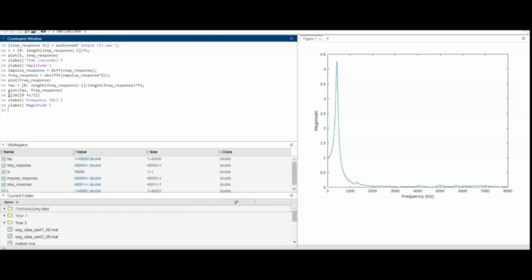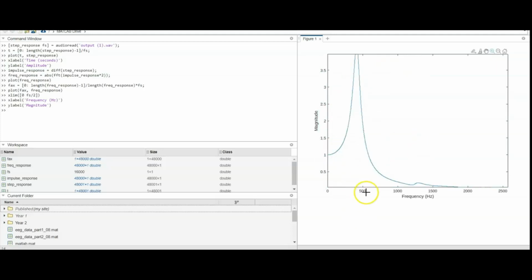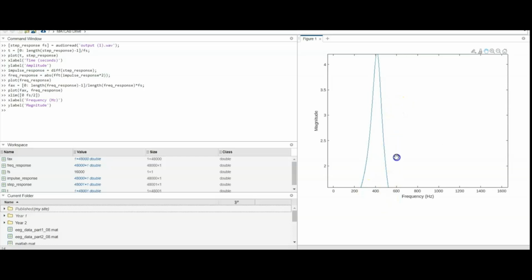And there we go. So we can see from our frequency response graph that between, I think, 300 and 500, definitely at 400 hertz, there will be a big spike.